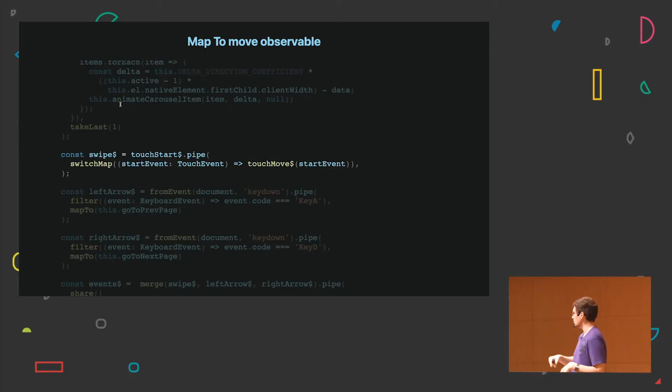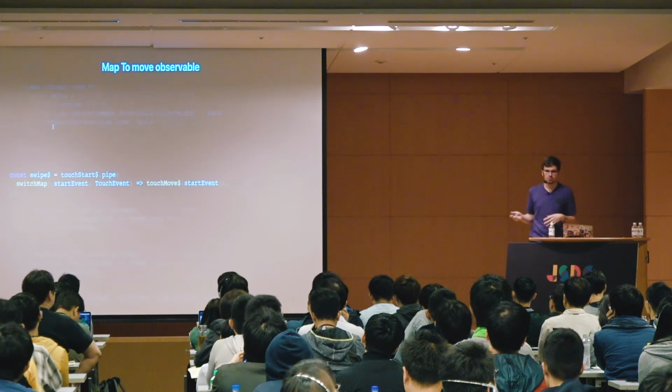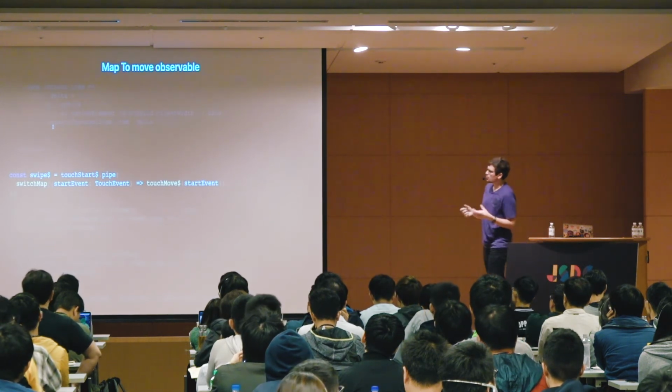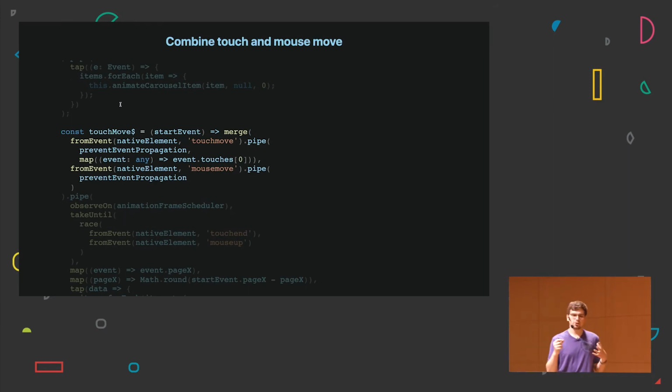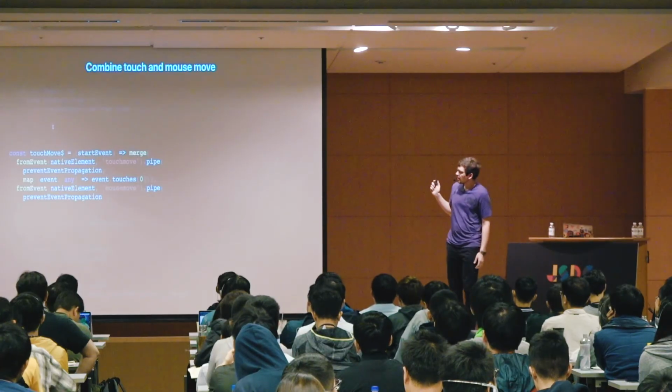So we take this touch start event, and as soon as the user touched the first time, or mouse down the first time, we map this observable and pass this initial event to our touch move observable. And this touch move observable consists of a combination of touch move and mouse move, again, to combine those two different user interfaces.